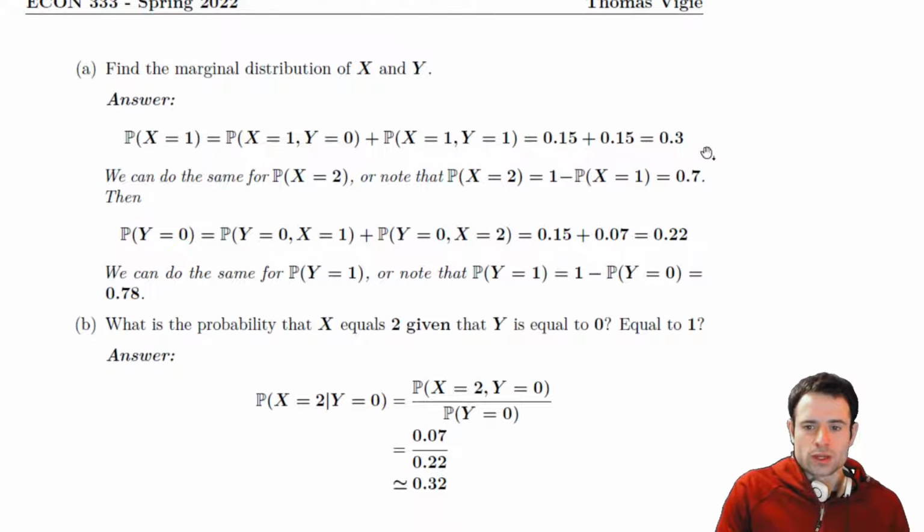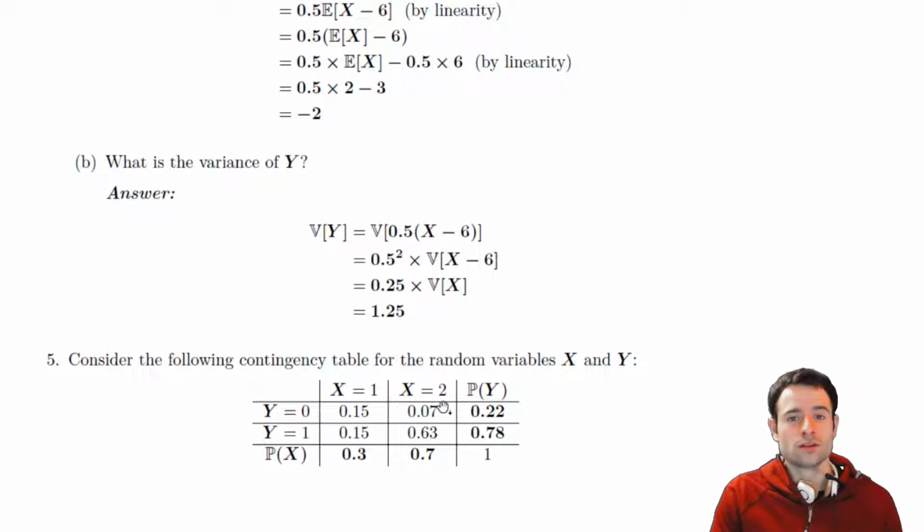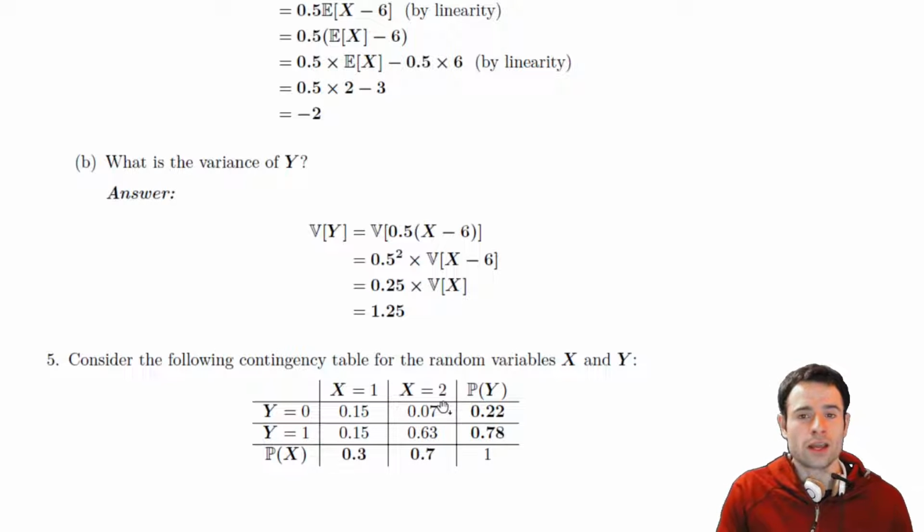And this is what I show here. I add all the joint probabilities where x is equal to 1 shows up, and that gives me 0.3. I can do the same for x is equal to 2, which is what I did here. But I can also use another formula, again, to double check my computations.